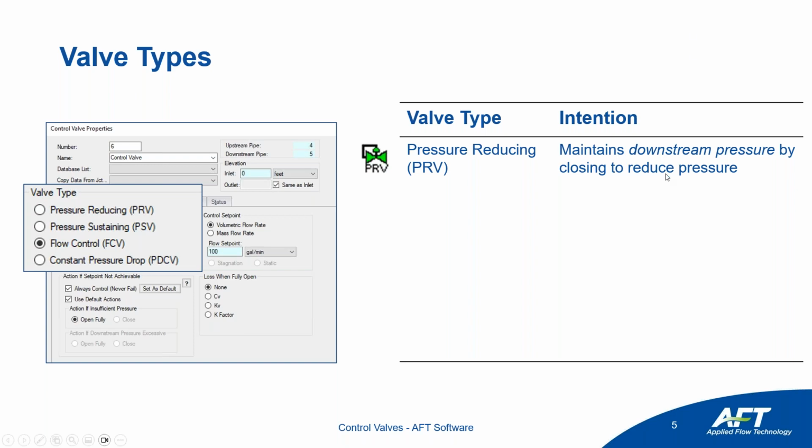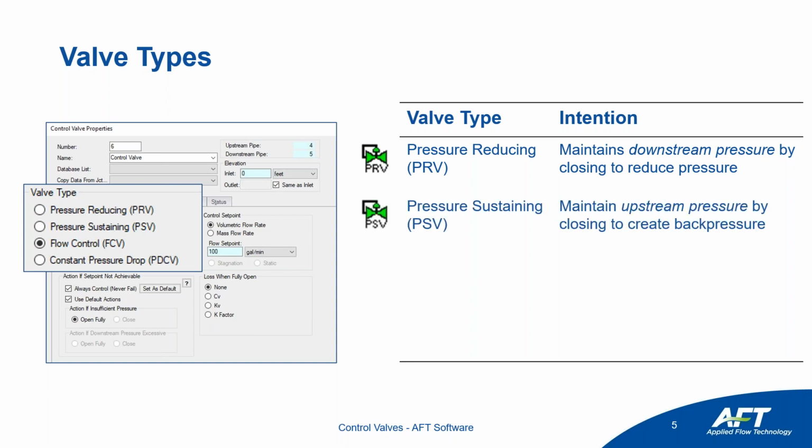So it closes to reduce pressure. A way you can think about it is you have a certain inlet pressure coming in, you create some amount of loss through the control valve, and then that's how it's determining that downstream pressure. So you can throttle it in that way, you can close it off further to cause a higher pressure drop, you can open it up some to allow more pressure through.